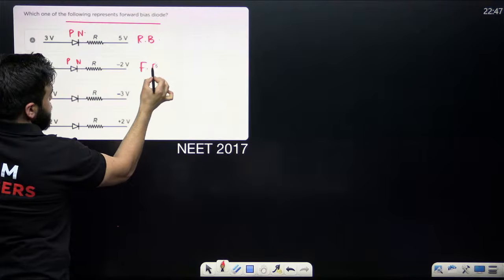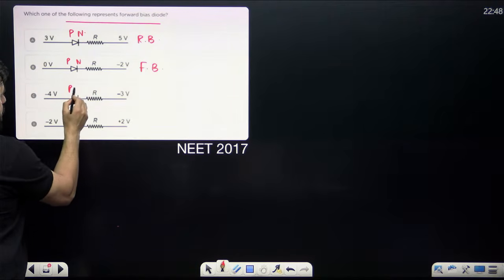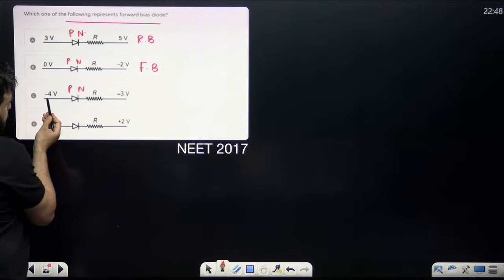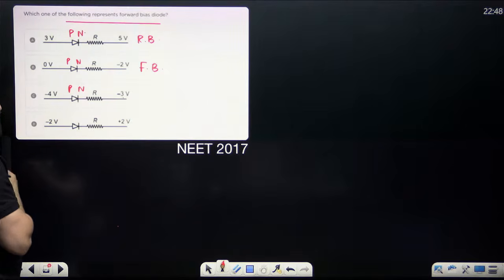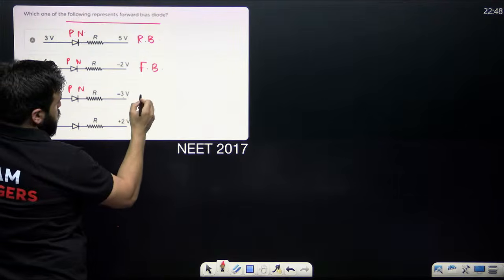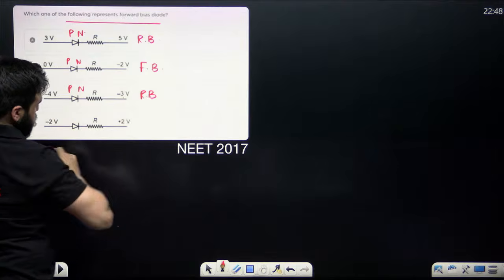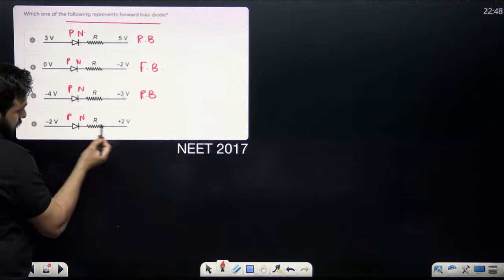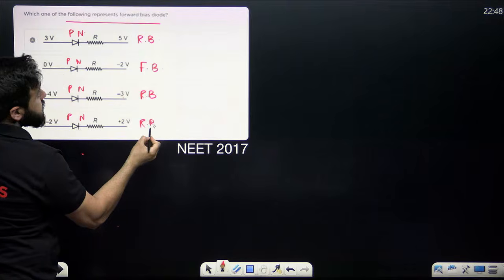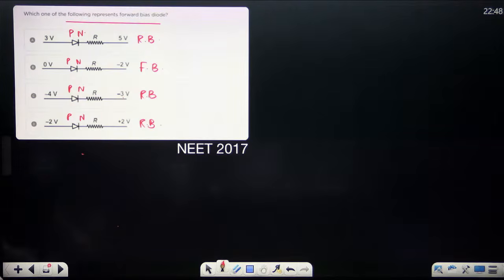This is forward bias. Here P is connected to lower potential, N to higher potential, since -3 is greater than -4. So this is reverse bias. Here P is connected to lower, N to higher, so this is also reverse bias. Option B.